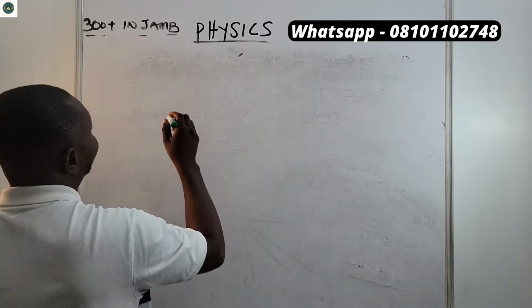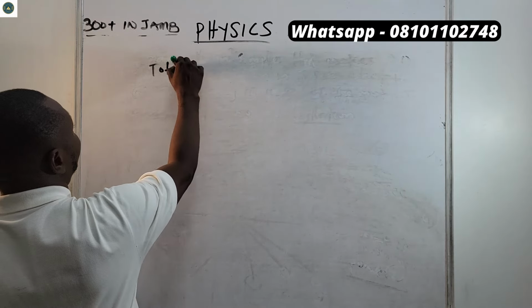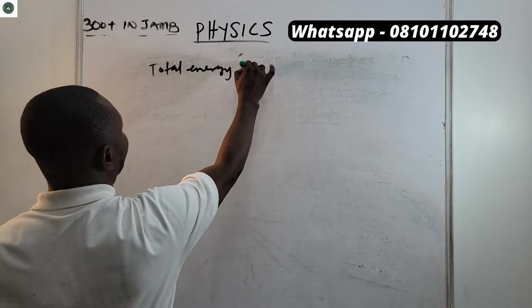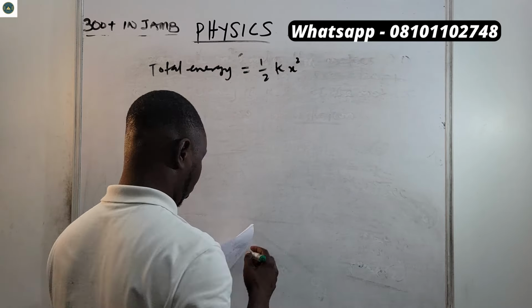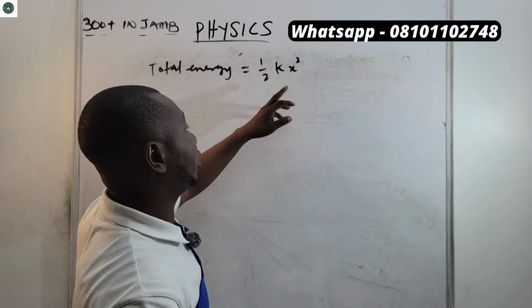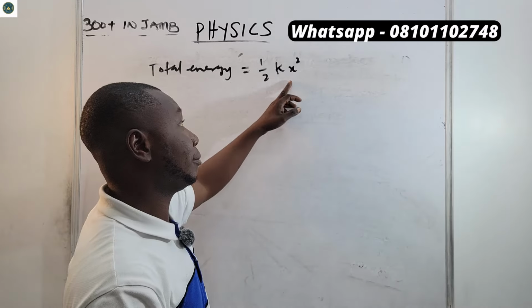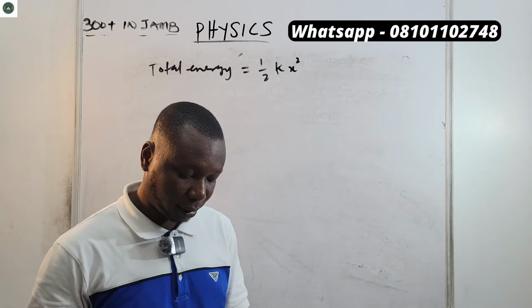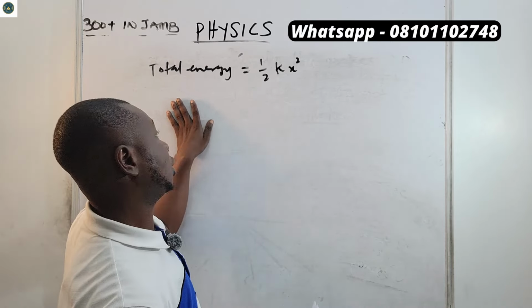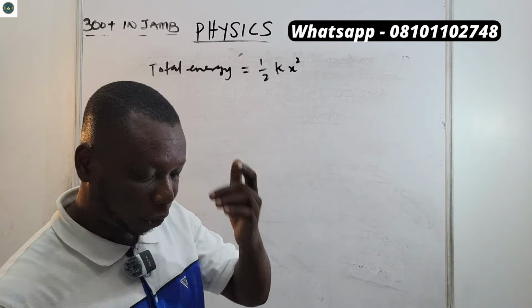Now, the total energy is 1/2 kx squared, the force constant times the square of the displacement. That will give us the total energy.